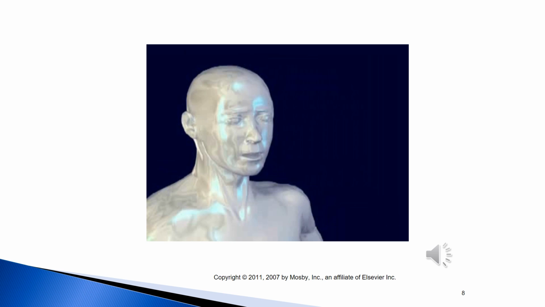The next line of therapy is to reduce the afterload, or the pressure against which the heart must pump.